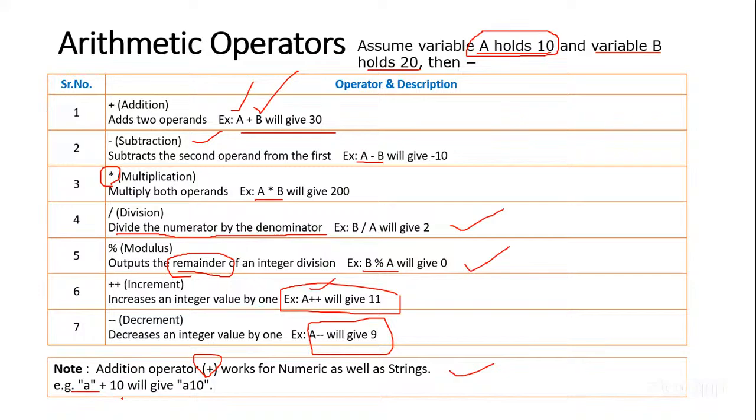This time I'm writing A plus 10. Generally, it doesn't give any sense, A plus 10, because we cannot implement addition operator with characters, letters, alphabets. But in this case, the plus operator is working as a concatenation operator.